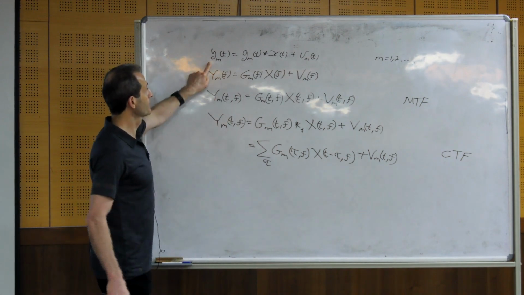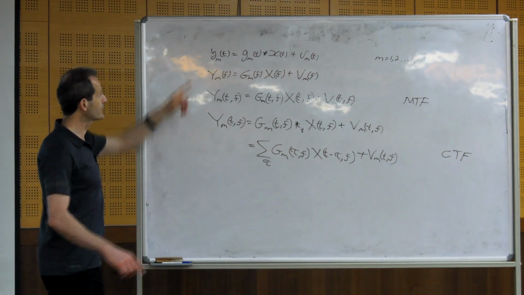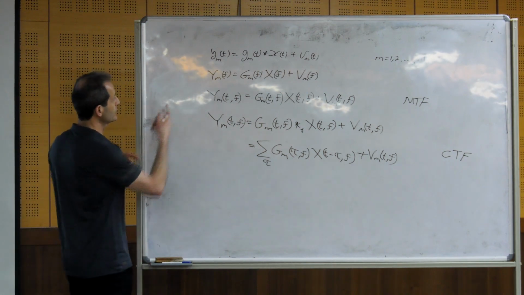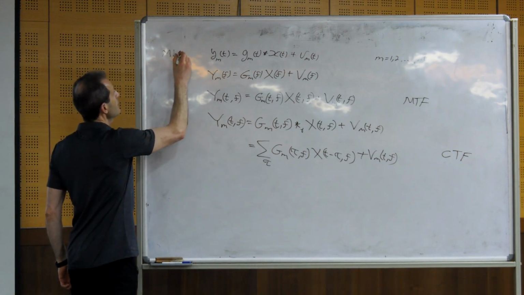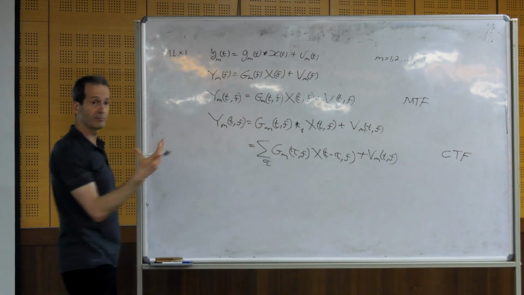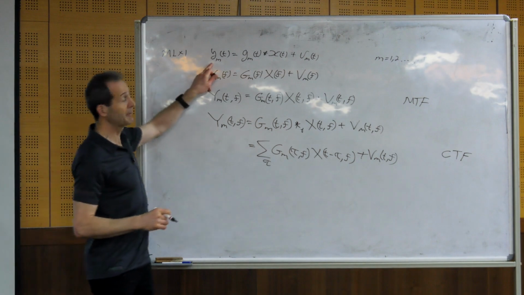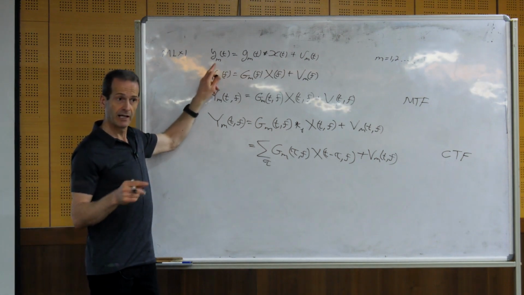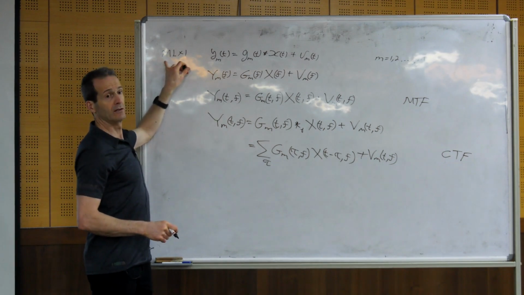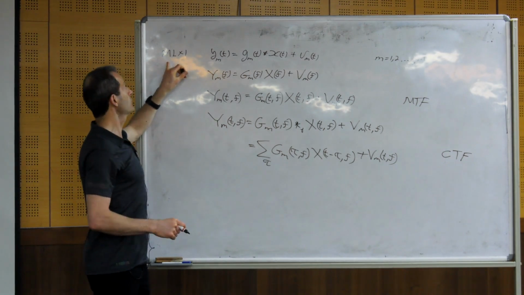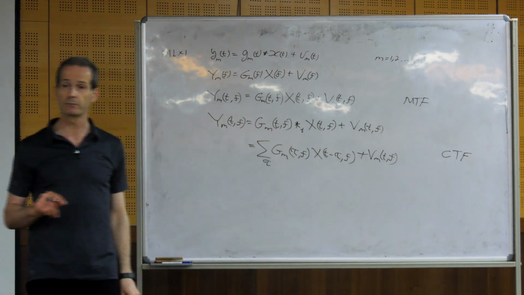Remember, in the time domain we worked with a vector of length ML by 1. This is the vector of measurements. Why? Because we took L samples from each sensor and concatenated them over all the sensors, so we work with vectors of length ML in the time domain, multi-channel.